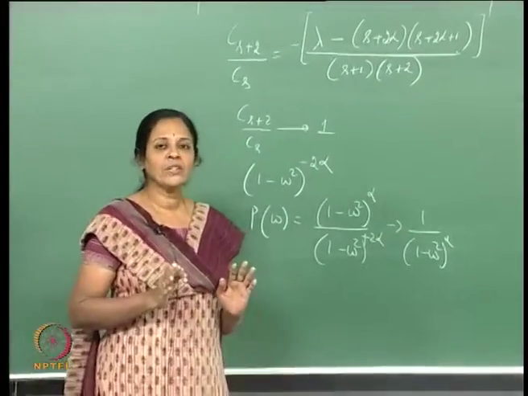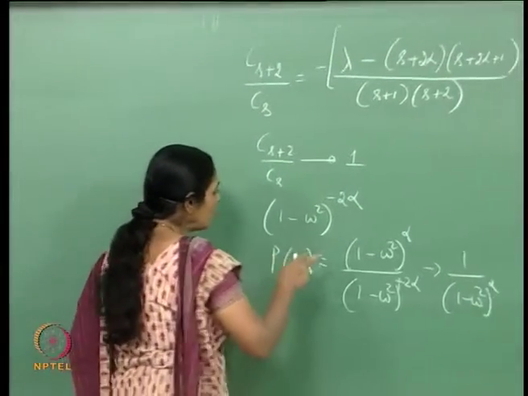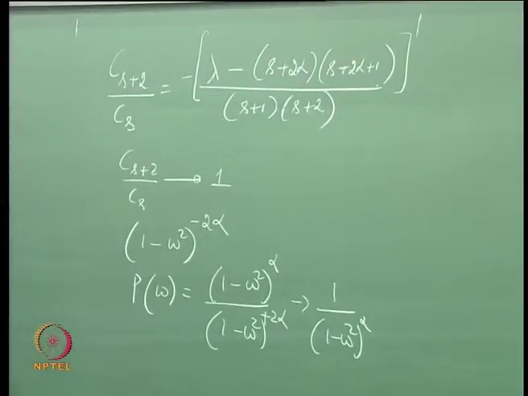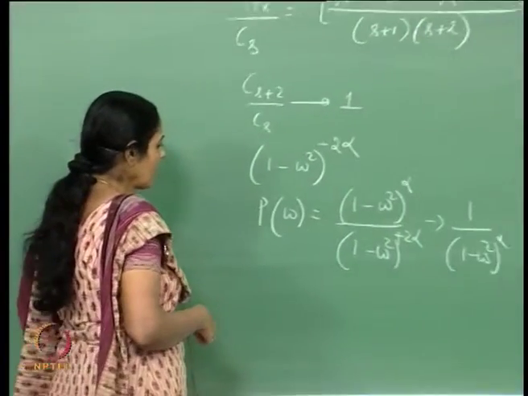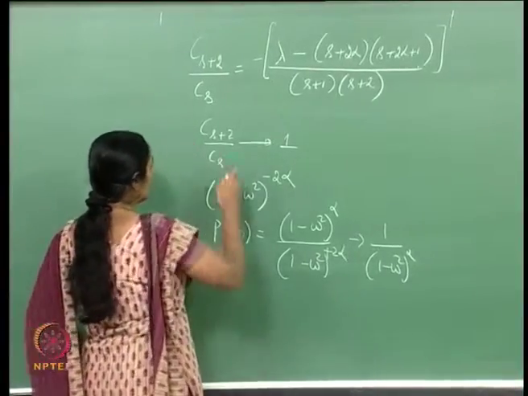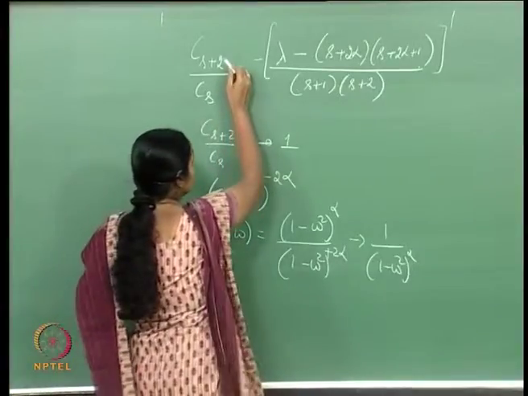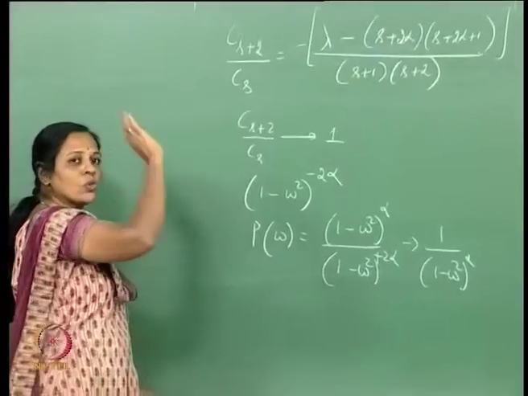Now the only way to avoid a situation like this is to do precisely the kind of thing we did in an analogous situation in the case of the harmonic oscillator. You have to truncate the series. Truncating the series would mean the following: for some s, Cs plus 2 by Cs should go to 0.